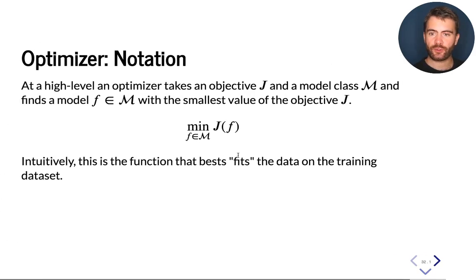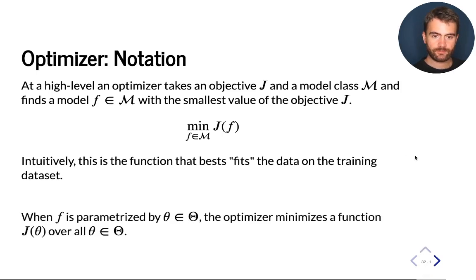But in some types of machine learning algorithm, this objective can be more than just the loss. It can be the loss plus other terms, which is why I am just calling it an objective in general for now. So intuitively, the optimizer finds the model that has the best fit on the training data set.